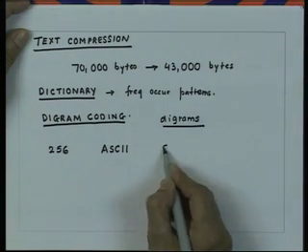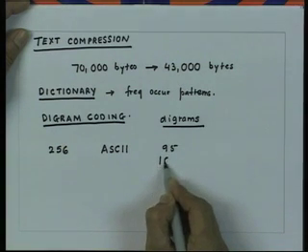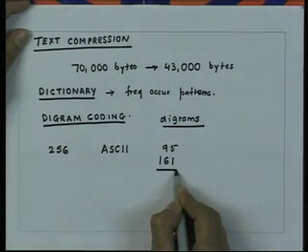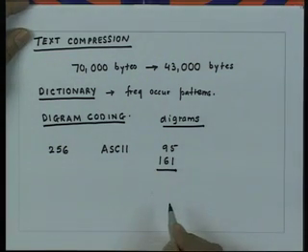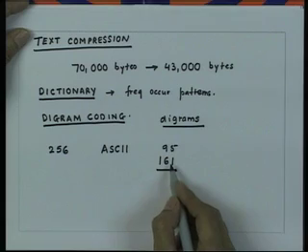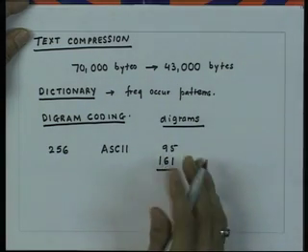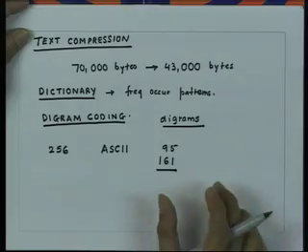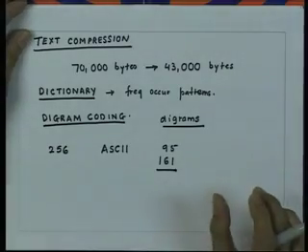The remaining 161 entries would be the most frequently used pairs of characters. The diagram encoder works as follows. It first reads a 2-character input and searches the dictionary to see if this input exists in the dictionary.